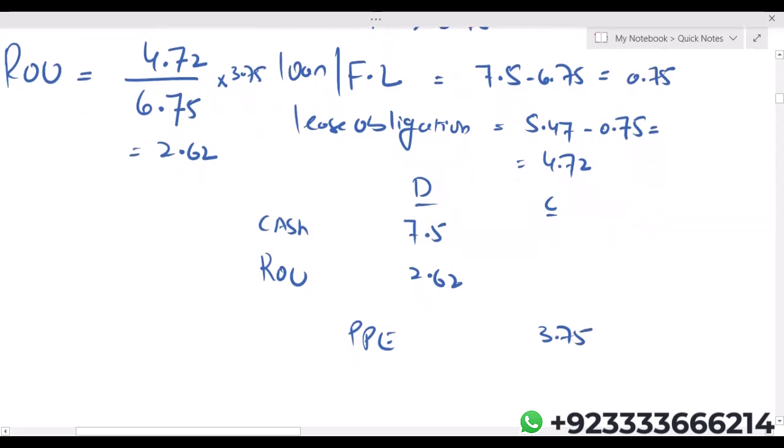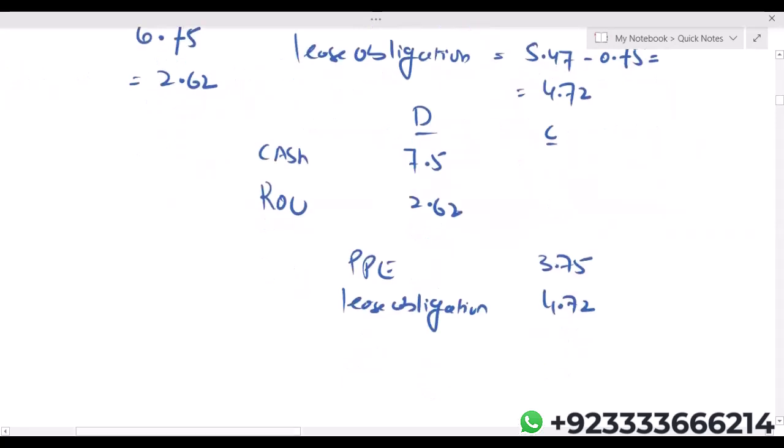Lease obligation we have calculated 4.72. Lease obligation 4.72 or financial liability. I'll come to this property, plant and equipment. Financial liability.